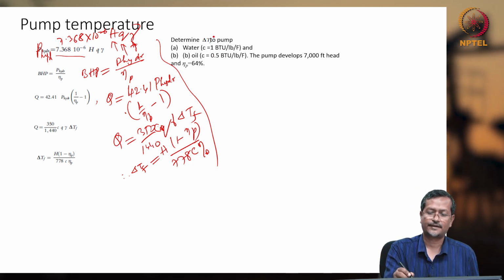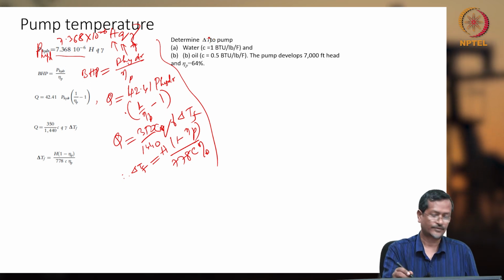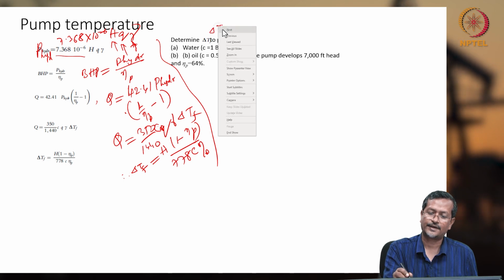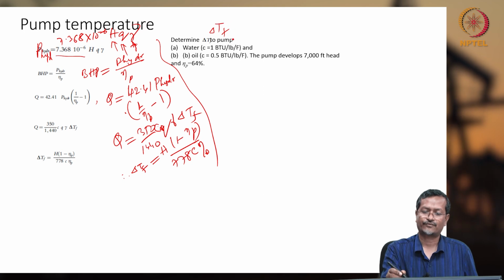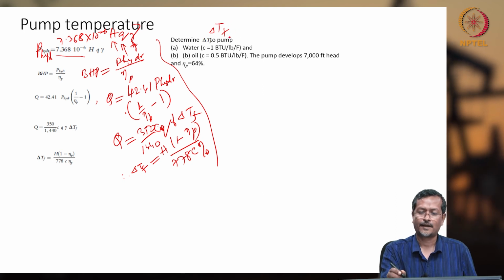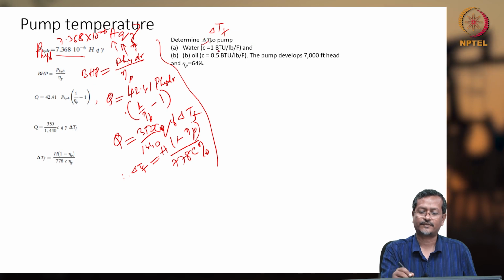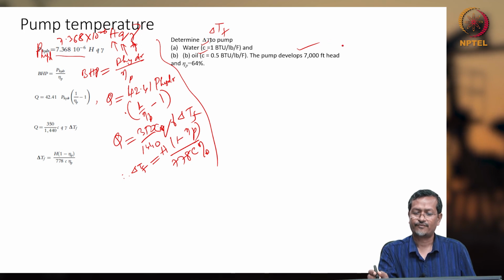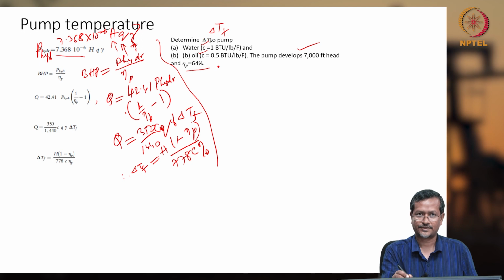So, determine the temperature rise of the fluid, del TF. Determine the temperature rise of fluid through the pump, where water specific heat is given, oil specific heat is given, and the pump develops 7,000 feet of head. Pump efficiency is 64%.